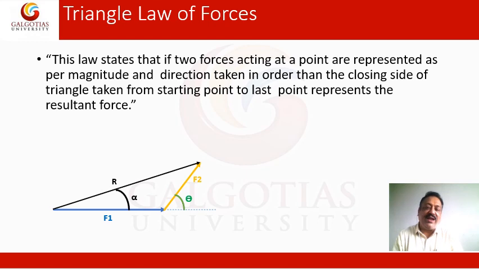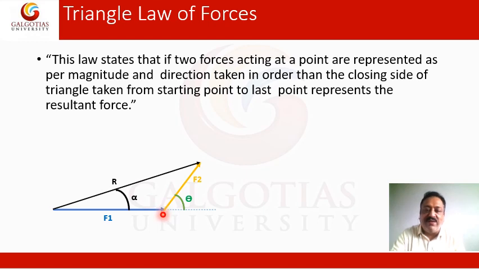Next is the law of triangle of forces. If you see, I have just removed this F2 which I had shown here, but I have moved the F2 force, the yellow vector, from the tail of the vector F1 to the tip of the vector F1. And now F1 is ending at the arrow part.